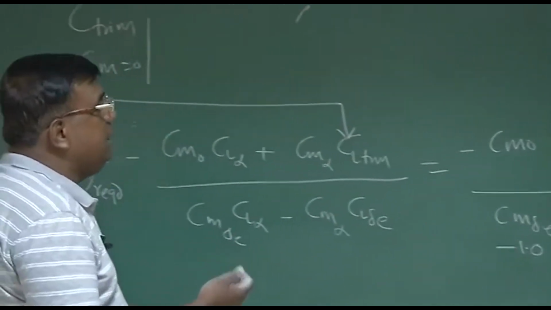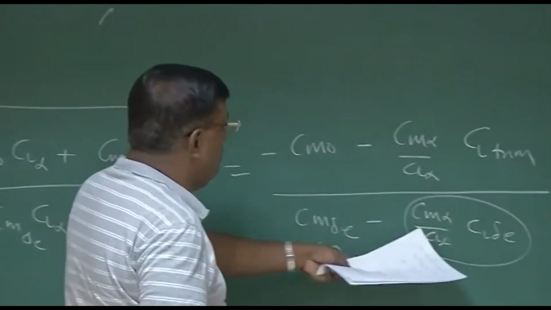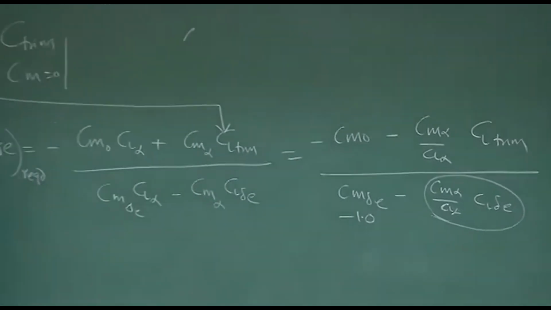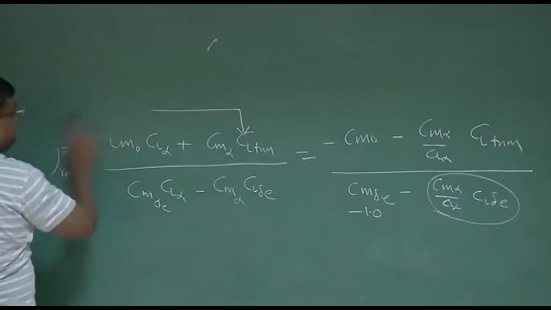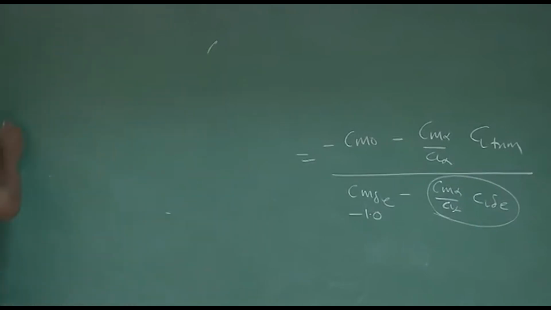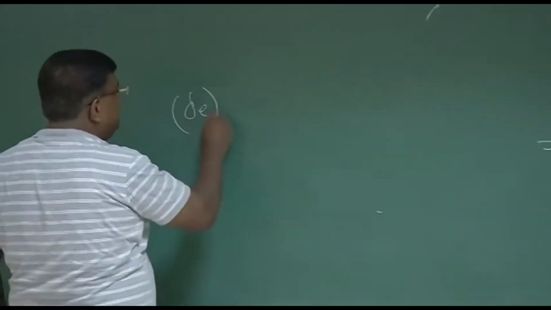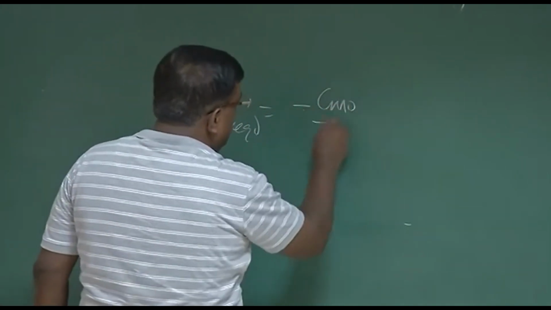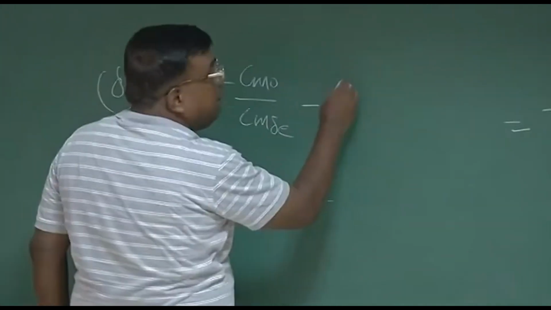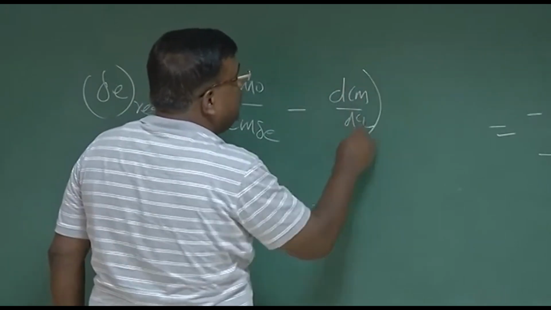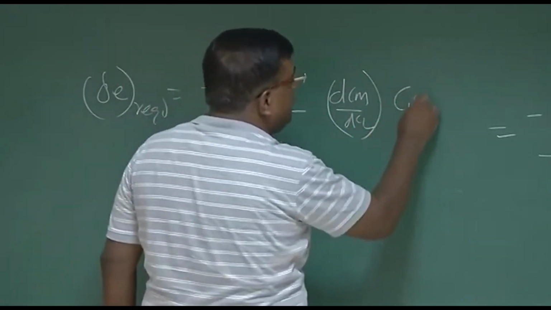So if I neglect this term compared to Cm delta E, then I get a neater term from which the designer can get a better feel. So I have delta E required equal to minus Cm naught by Cm delta E minus dCm by dCL, Cm alpha by CL alpha, which we are experts on now.